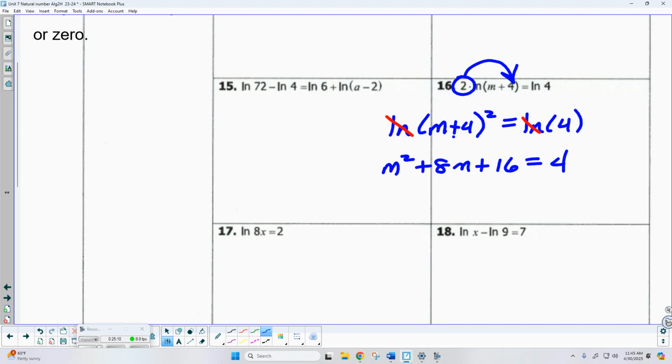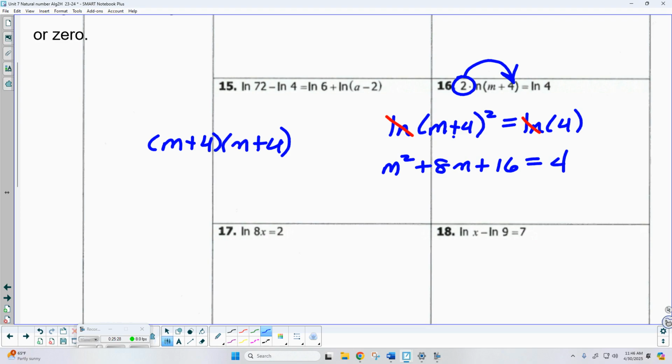Okay, so let's take a look. When you're squaring something, of course, you're multiplying the base times itself, right? So let's take m plus 4 and m plus 4. Remember, what was that acronym we used to use? We haven't heard it in a while. FOIL: first, outside, inside, last.